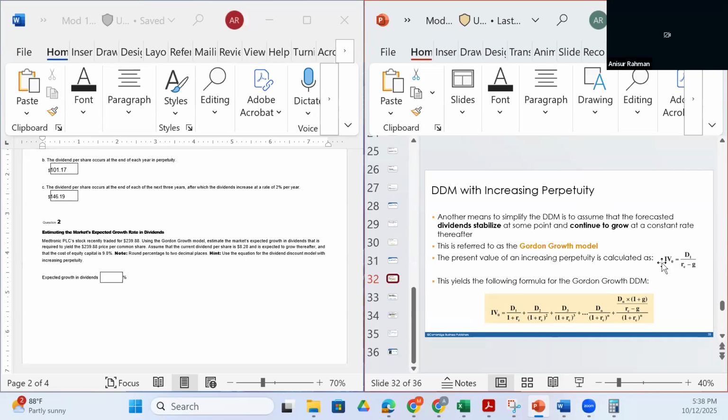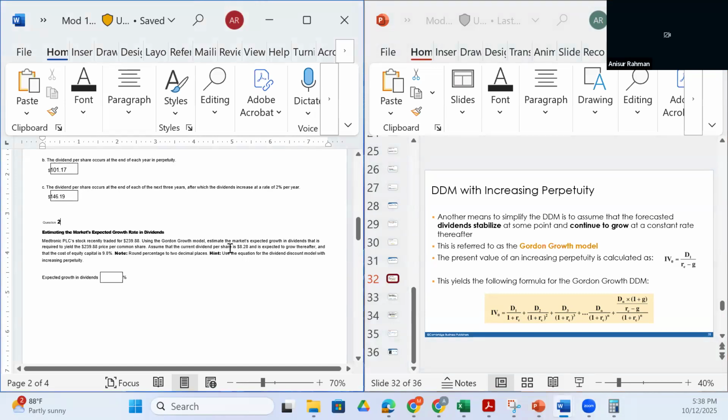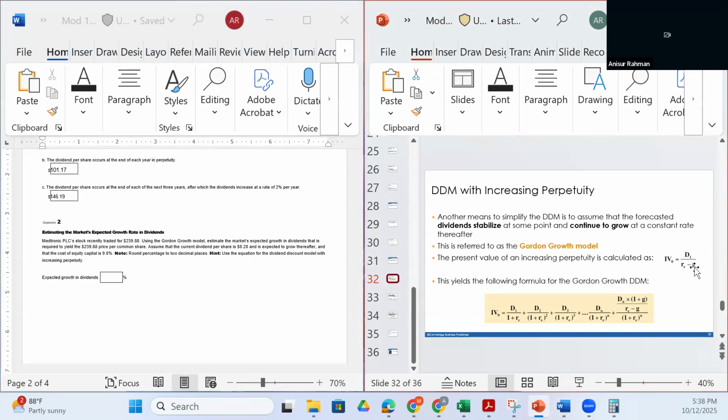We generally think if the market is efficient, intrinsic value and market price will be the same. So here, what they're saying, we have to find out the market's expected growth in dividends, which means G, that will give us a price of this.